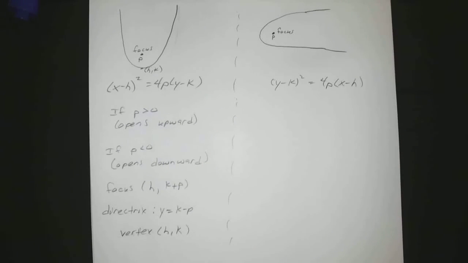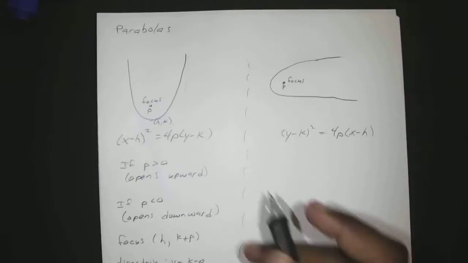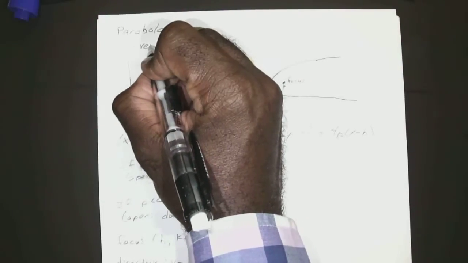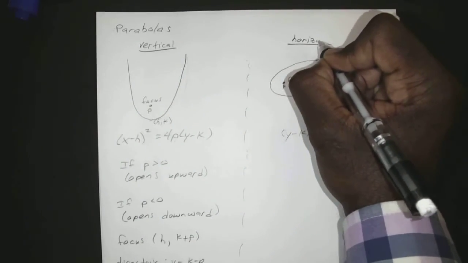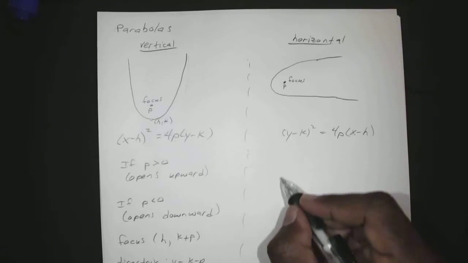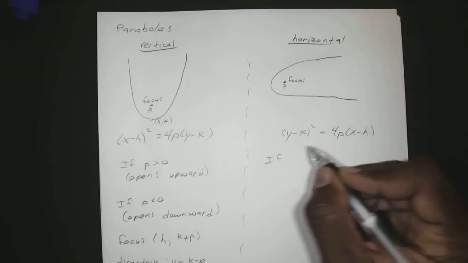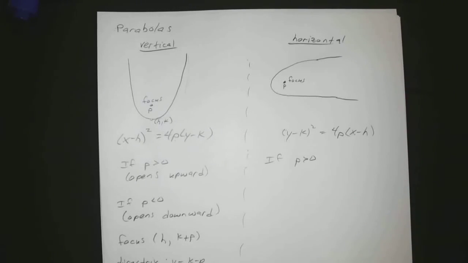Okay, so now if you have your horizontal parabola, remember this is your vertical, and this is your horizontal. This one has, now you saw the different formula. You still have h, k as your center. I mean, why do I keep saying center, your vertex. But in this case, if P is greater than 0, it opens up to the right.